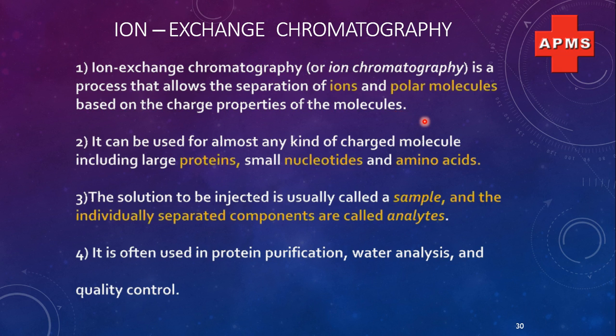Suppose our sample contains polar molecules, or somewhat cationic or anionic parts in sample components, then these cations or anions may be retained by the stationary phase, and the other molecules which have lesser ionic properties or lesser polar nature will move with the mobile phase.